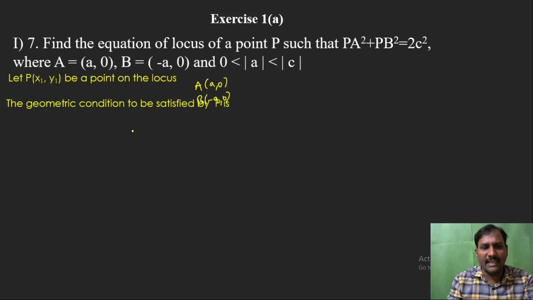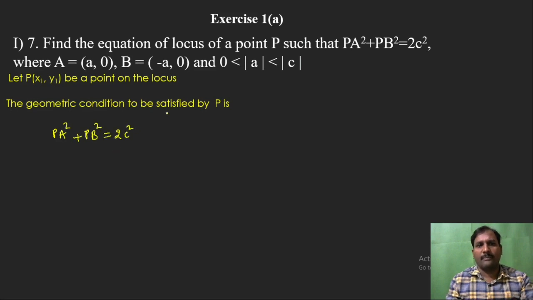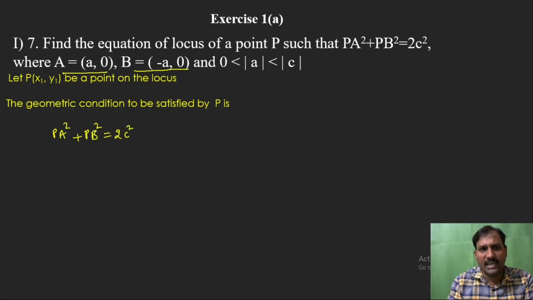So what is the condition here? PA square plus PB square is equal to 2c square. So here A is (a, 0), B is (minus a, 0), and P is (x1, y1). So what is the distance between P and A?